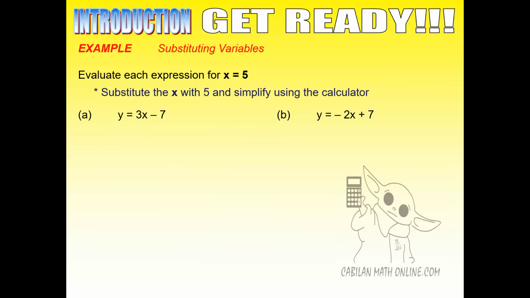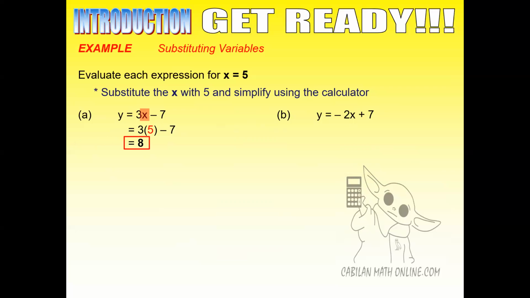When that 5 replaces the x, you're going to see that I simply put brackets around the 5. Now, in your calculator, if you put in 3, open a set of brackets, punch in 5, close the brackets, and then subtract 7, you will get the answer in one step, which in this case is 8.